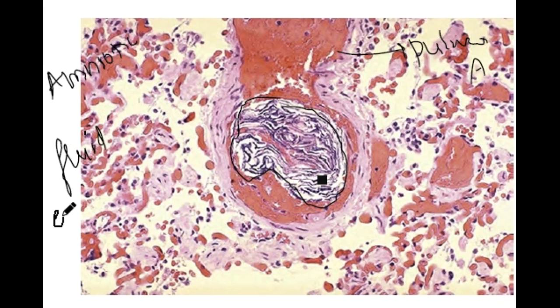In amniotic fluid embolism, you can see it in the pulmonary artery, and here you can see the epithelial things which are present in amniotic fluid. So this mainly contains fetal squamous cells, lanugo hair, vernix, and mucin. All these are seen like this microscopically.